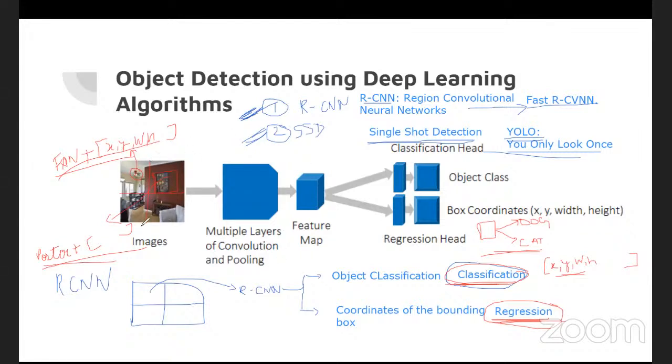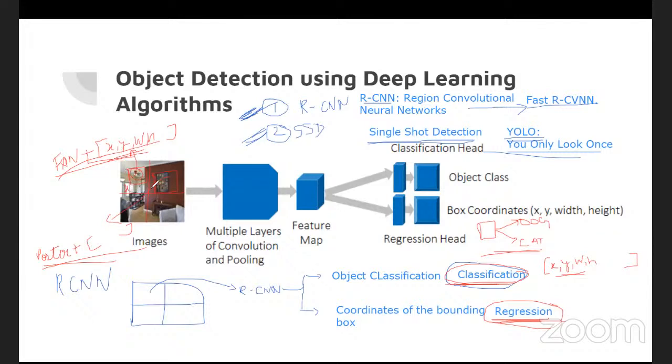It will divide the image into different parts, and run an algorithm to classify the object as well as get the bounding box of the object. For example, here I got x, y, w, h, which are real numbers.